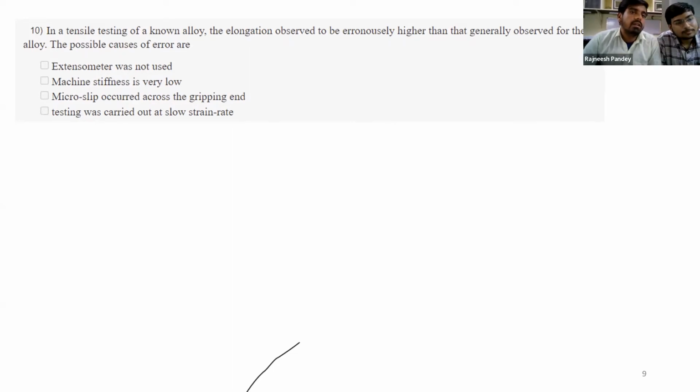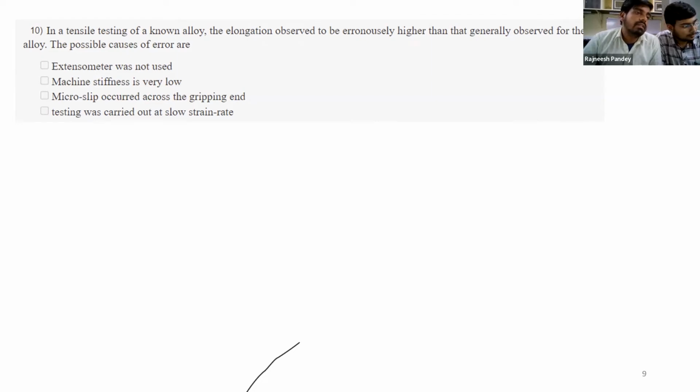As discussed in the module as well, what are the possible causes, and what kind of safety measures and precautions you should take care of during tensile testing, because of which we get the erroneously higher elongation.